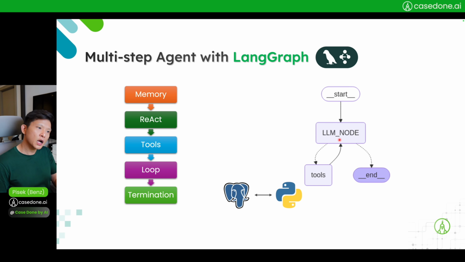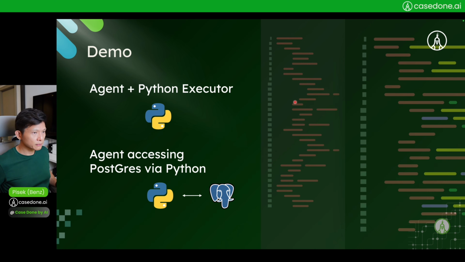You want to give autonomy to the LLM to keep doing things before it can form a final answer. But you don't want it to get stuck in the loop, and therefore you have a termination criteria. Everything here is implemented with LangGraph so that you have a multi-step agent for you.